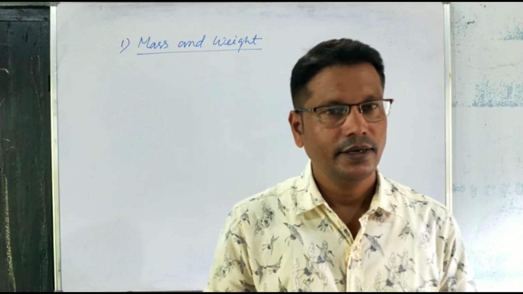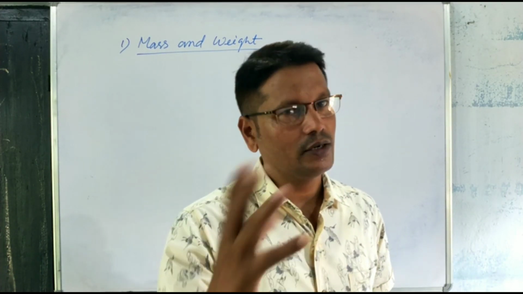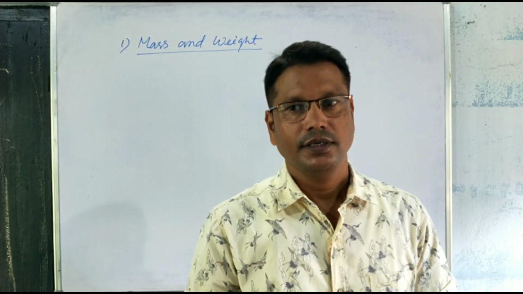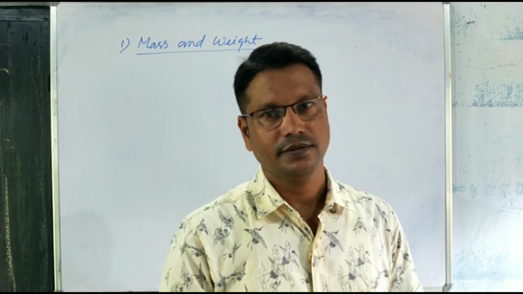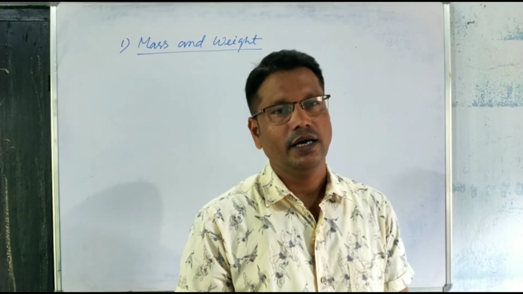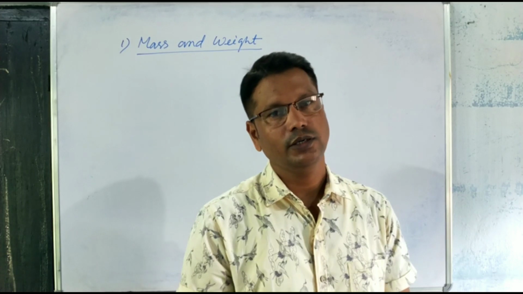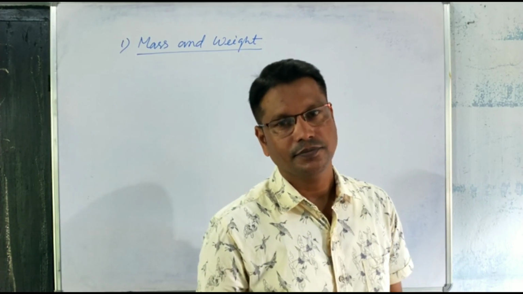Now it is clear. Mass means the amount of substance present in an object, and weight means the gravitational force acting on the object. But they have similar units. For mass and weight, we use kilogram, gram, milligram, etc.